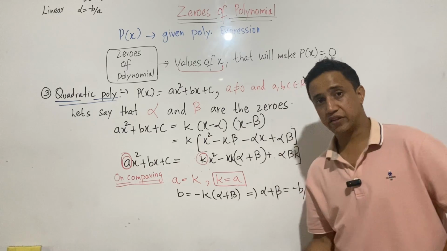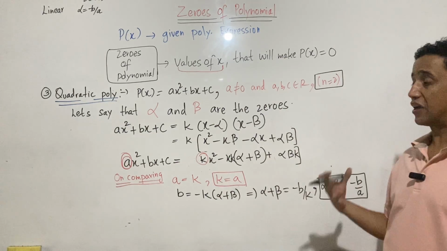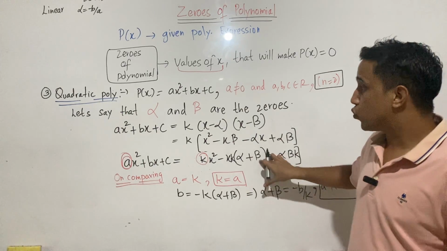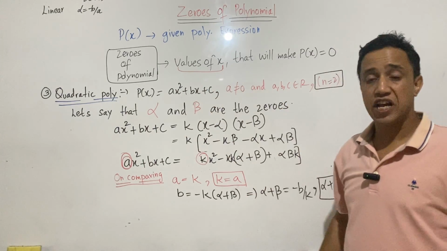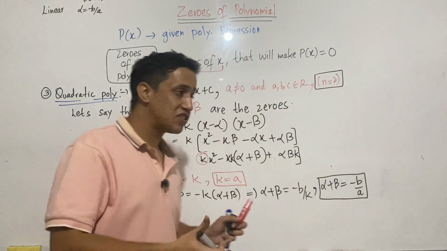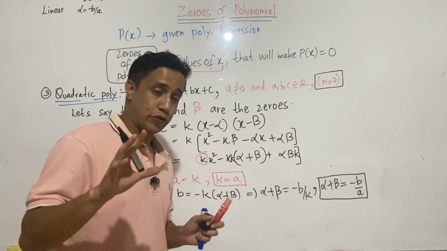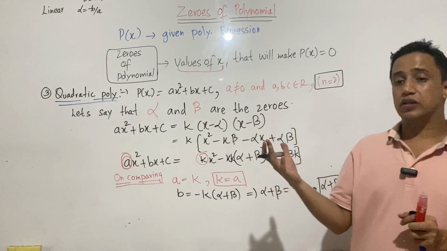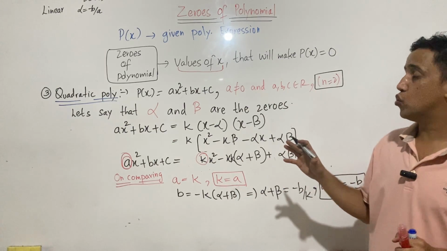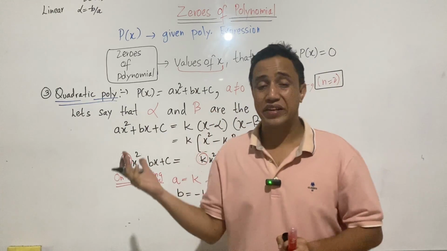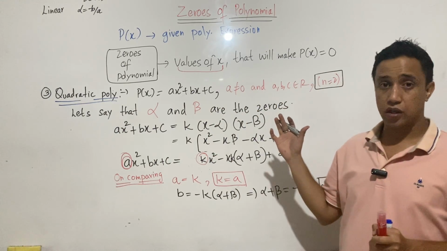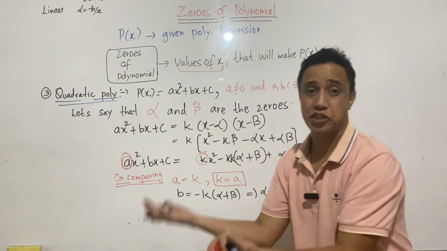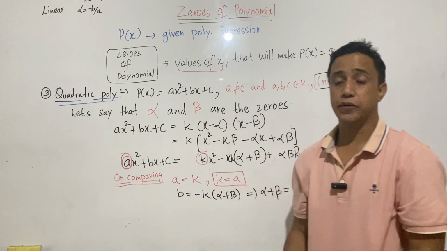Why am I doing this? The question can come to your mind, because my purpose here is to relate the zeros with the coefficients. Sometimes you may see questions where you are given the zeros of a polynomial, and you have to make the expression from the zeros of the polynomial.